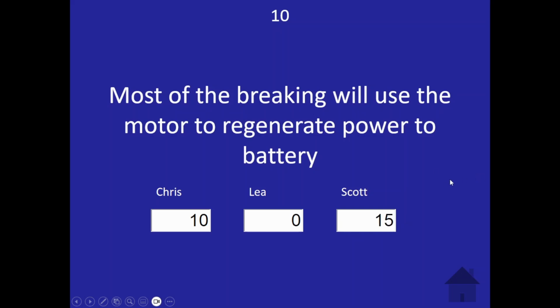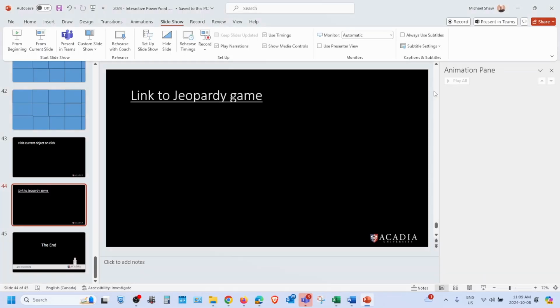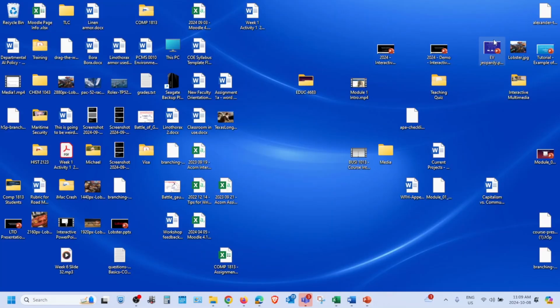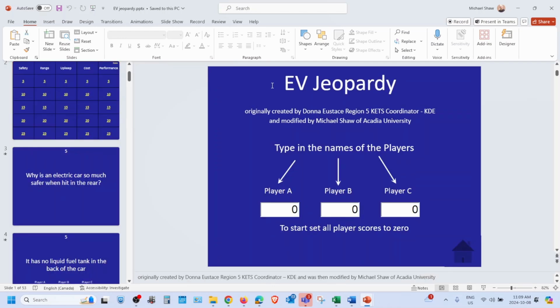Anyway, you can see relatively quickly that could be fun. Again, a fair bit of work to set this up, but it's not horrific, because this is just a matter of the Jeopardy game, of actually going in and modifying all the areas. So in other words, the things you change would be the title at the beginning, whatever subject you're doing.